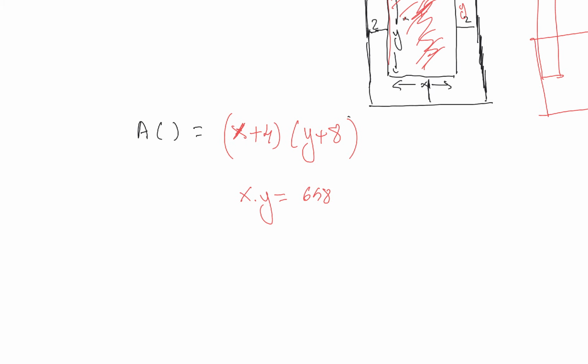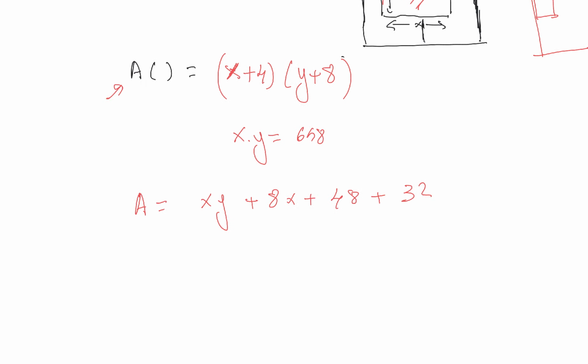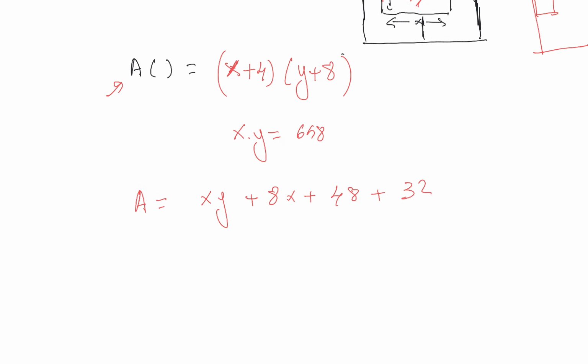So I need to minimize this function, the area. So the area will be xy plus 8x plus 4y plus 32. Okay, x by y, so the total area will be x by y, but it's 648 plus 8x.